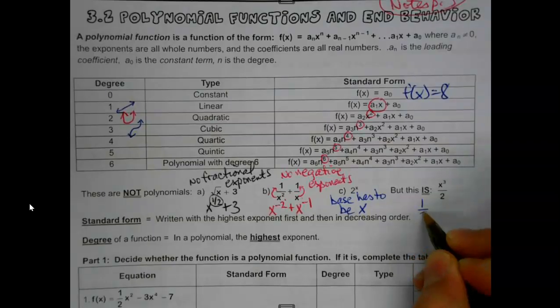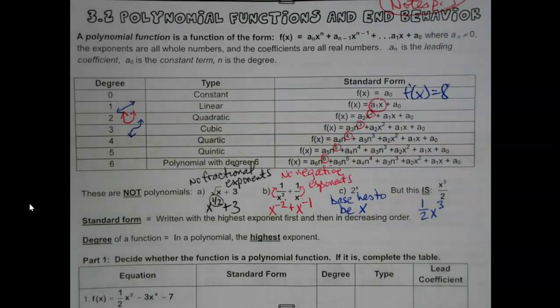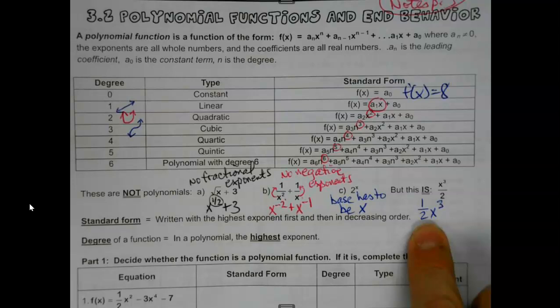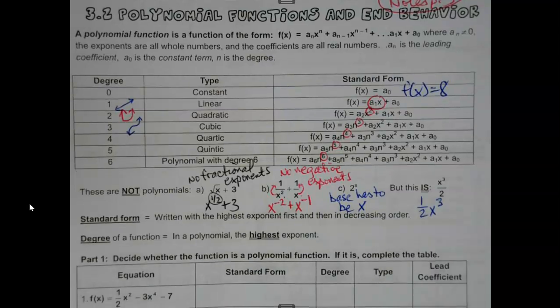I said no fractions on your exponent. Your exponent is still a whole number. That's my coefficient, my number in front. So basically, everything fits into the world of polynomials except fractional exponents or radicals and negative exponents, and we just have to make sure the base is a variable. Everything else plays well.